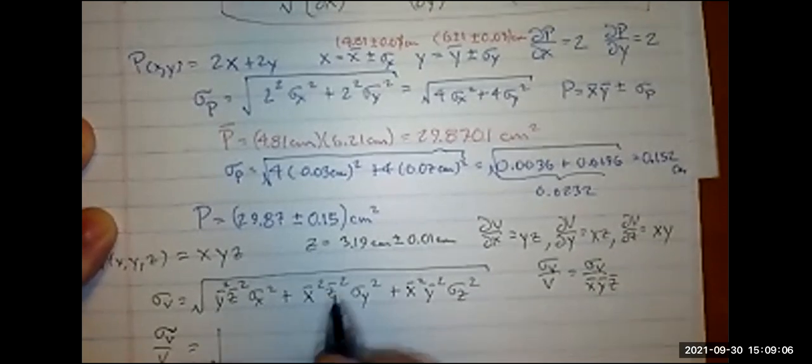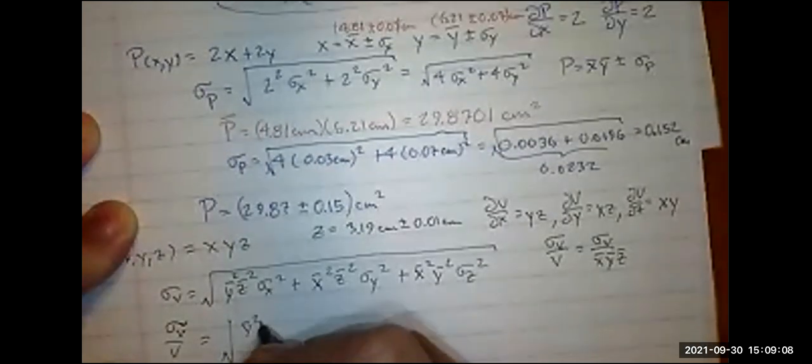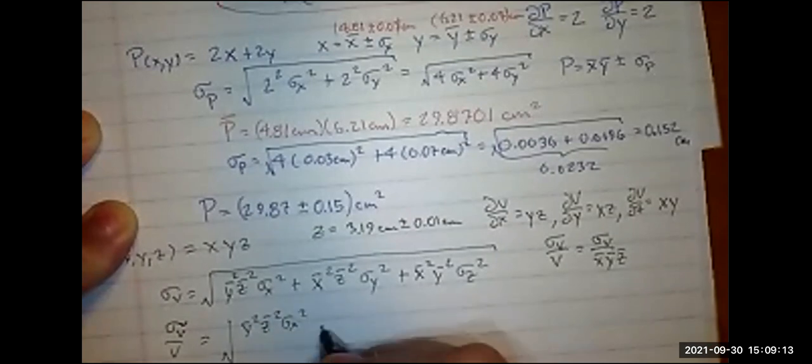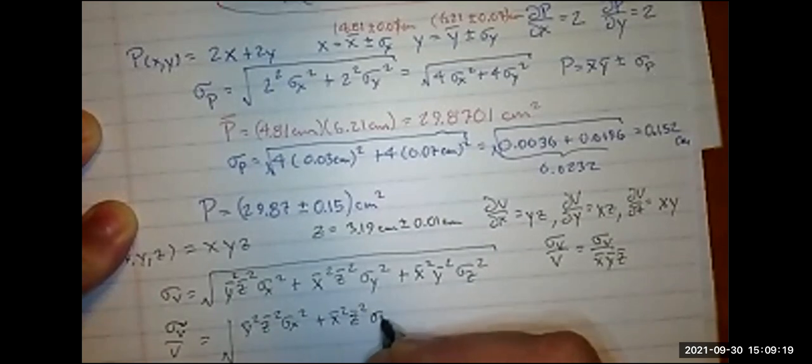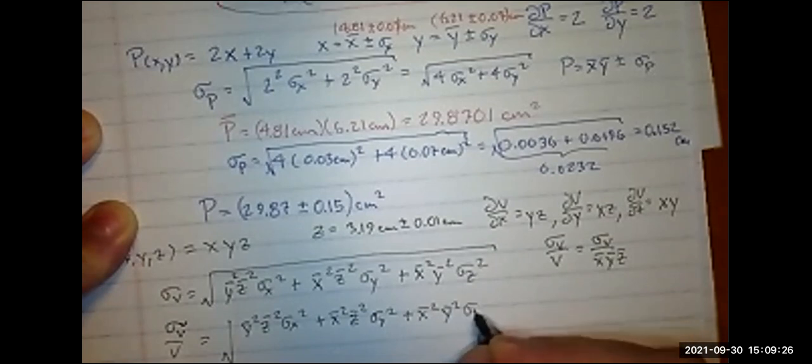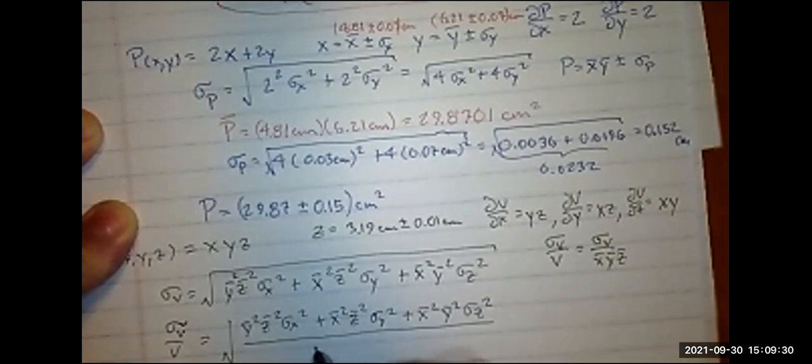I'm going to write a big square root, and I'm going to write Y bar squared, Z bar squared, sigma x squared plus x bar squared, z bar squared, sigma y squared plus x bar squared, y bar squared, sigma z squared. And then inside of all this junk, I'm going to have to take x bar and square it, y bar and square it, and z bar and square it.